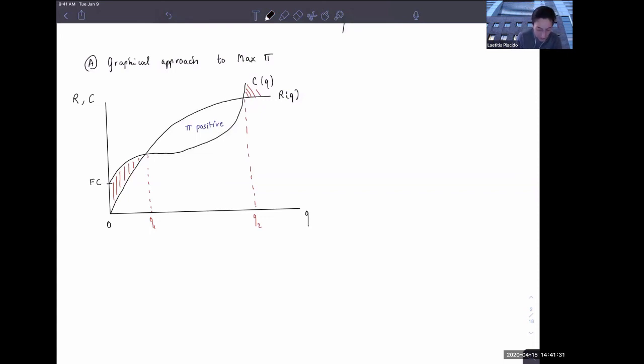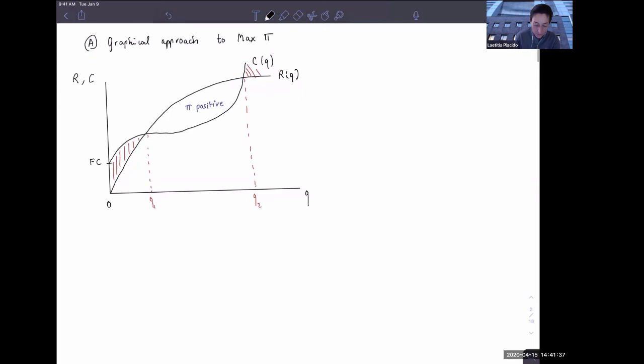So before I get to the condition that guarantees that the profit is positive, I'm gonna draw a second graph just below that one. Okay, so on that graph, I'm going to draw the profit function. Okay, so I'm gonna put quantity on the horizontal axis and profit on the vertical axis.